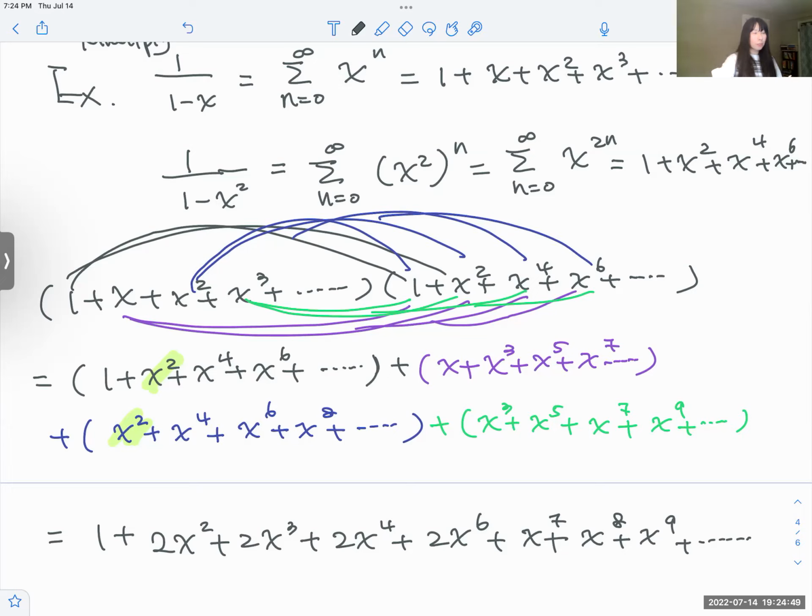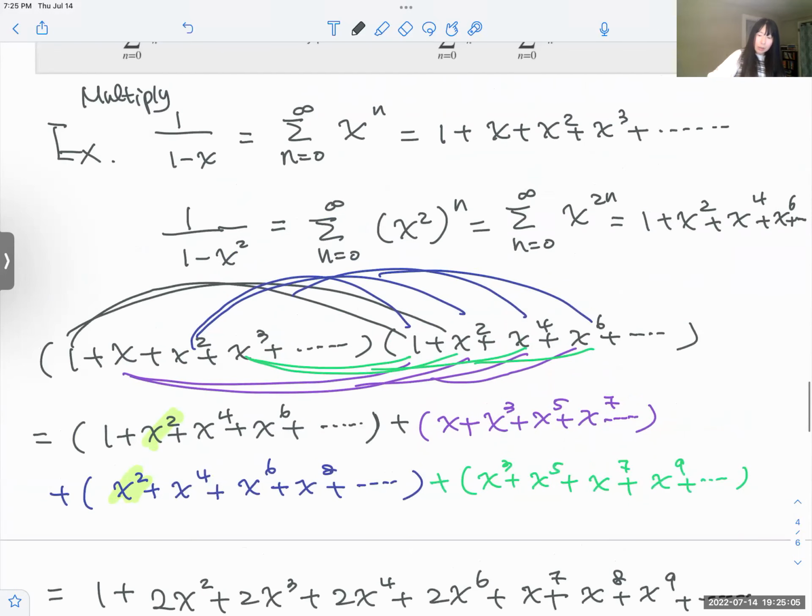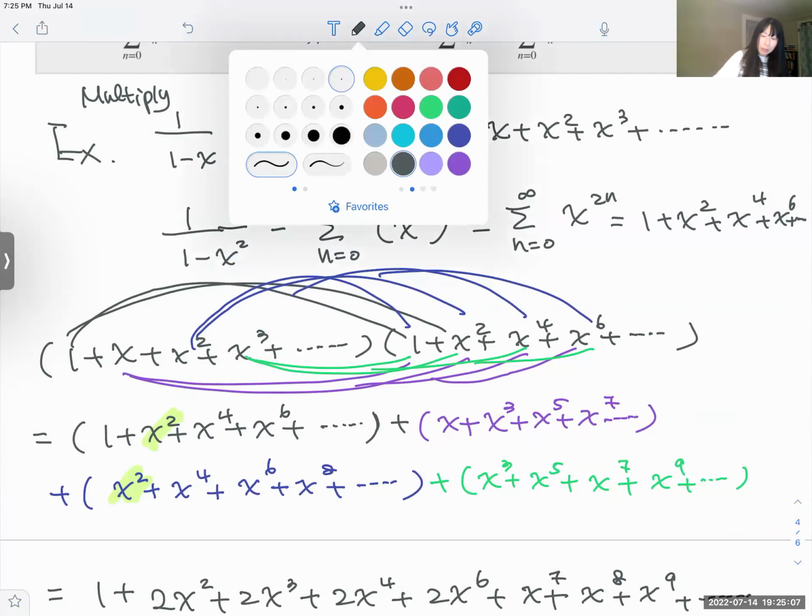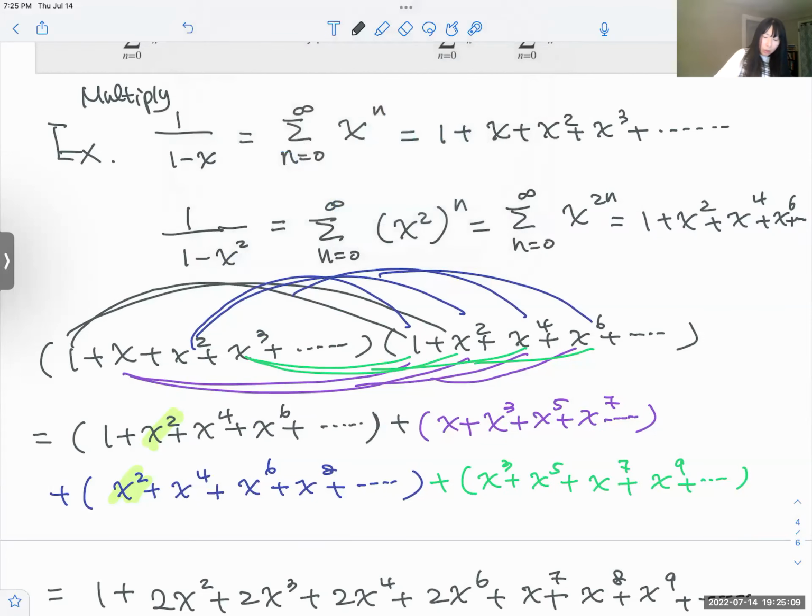How about the interval of convergence? So the interval of convergence is, we know that -1 and 1, right?